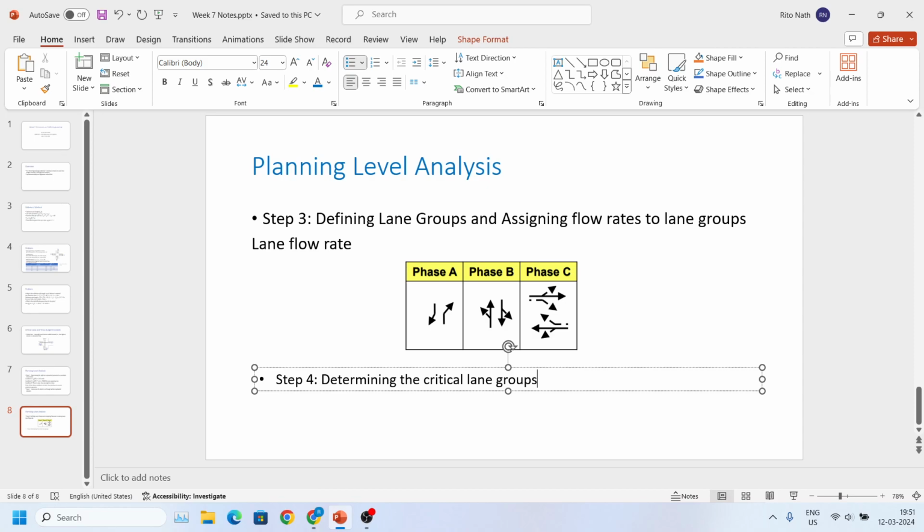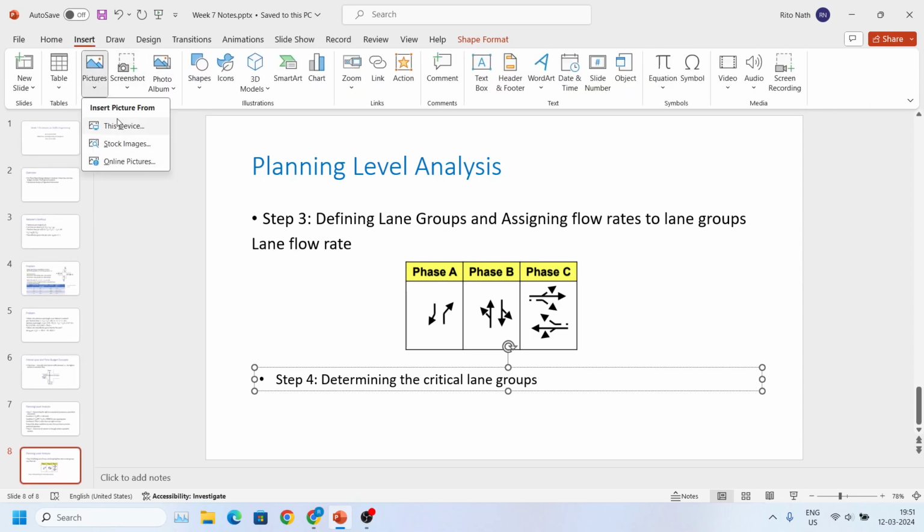Here also you will be given different phases and the volumes. Now you have to come up with what would be the critical flow of these lane groups or the approach, whatever you call it. Let's see if there is one example.